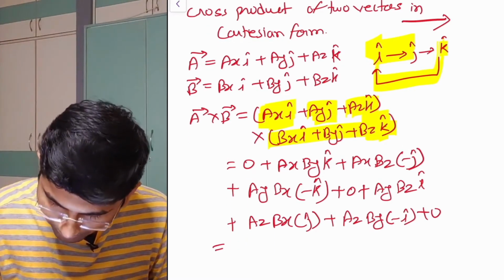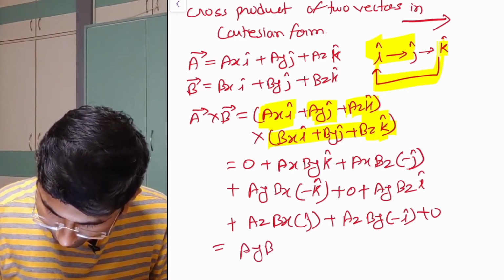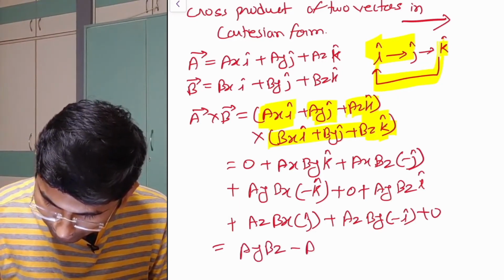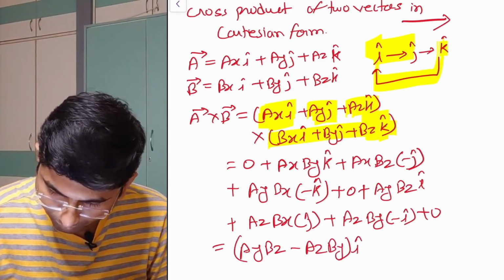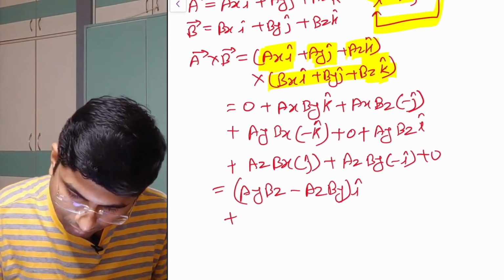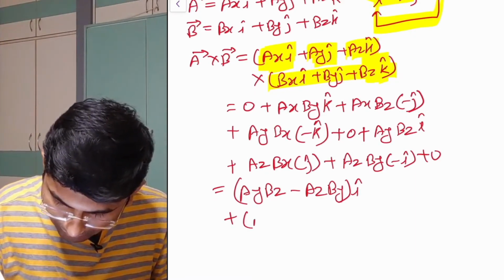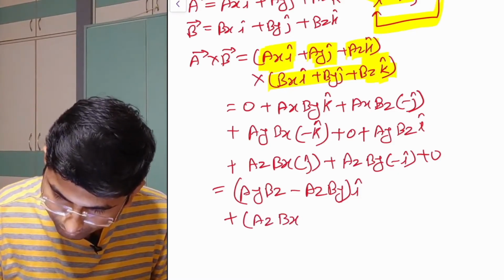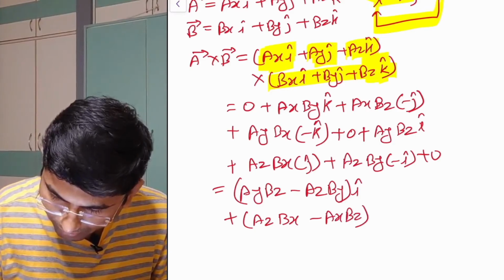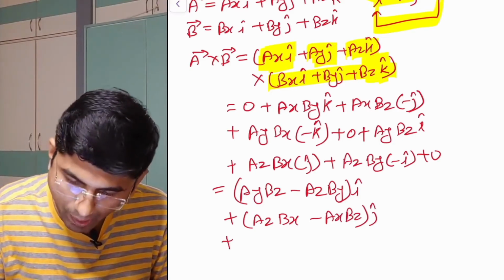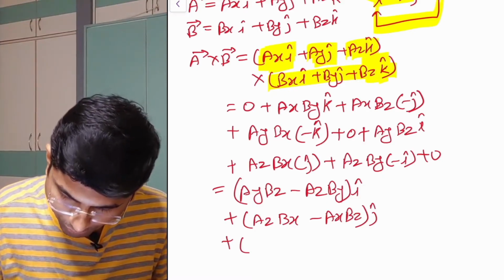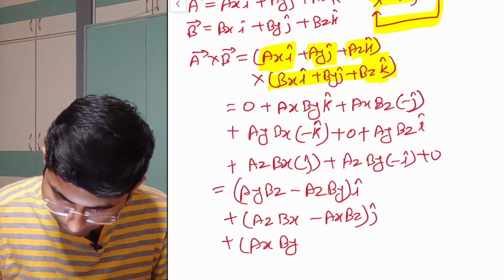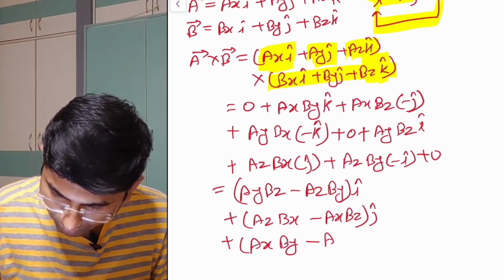First the i terms I will be combining: ay bz minus az by i cap, plus j terms, positive term first, az bx minus ax bz j cap, plus k cap, positive term, ax by minus ay bx k cap.